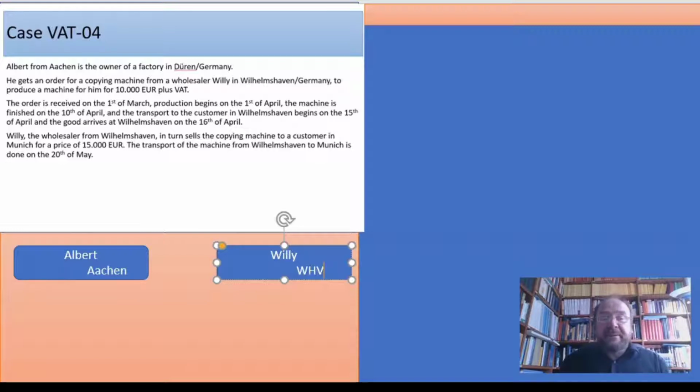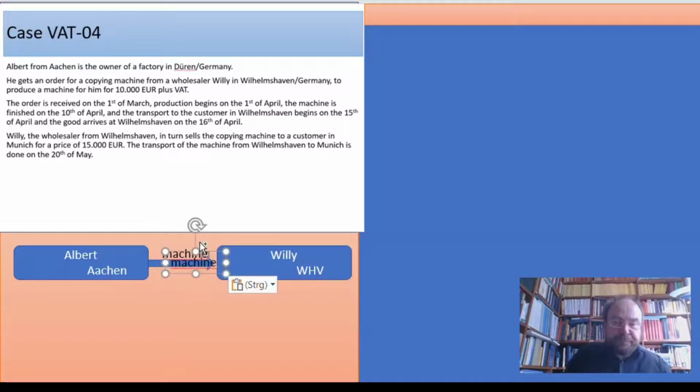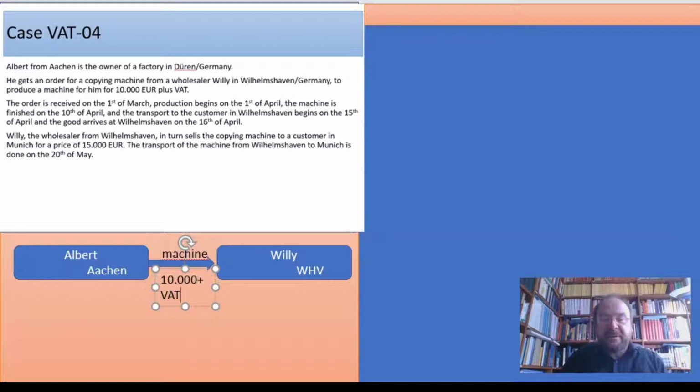What really happens here is that Albert sells to Willi a machine, and the price is 10,000 plus VAT.